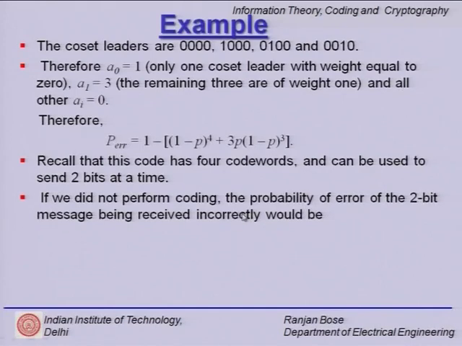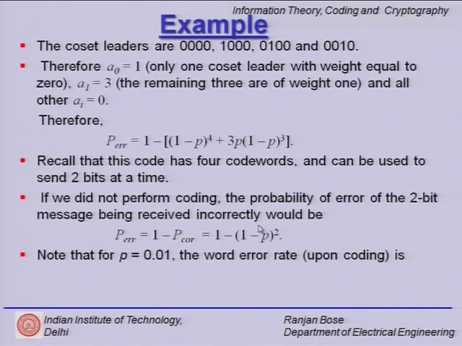So, if you do not perform coding, the probability of error of a 2-bit message being incorrectly received is nothing but p error is equal to 1 minus p correct, which is 1 minus (1 minus p) whole squared. So, 2 bits being received incorrectly.